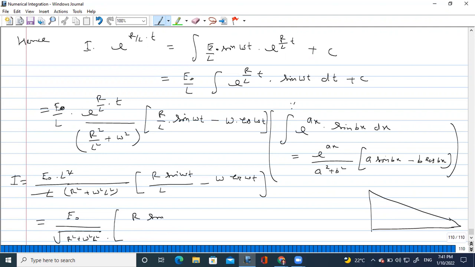So it will become R sin omega t divided by under root R square plus omega square L square, minus omega L by under root R square plus omega square L square. Now this is under root R square plus omega square L square. This angle is phi, the phase difference between both of them. This is omega L, this is R.